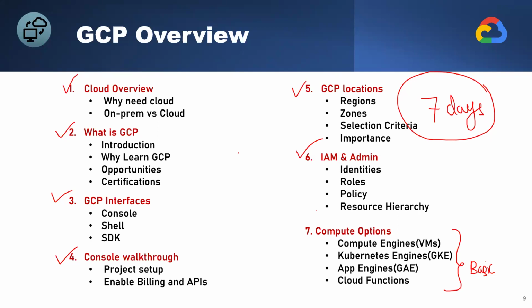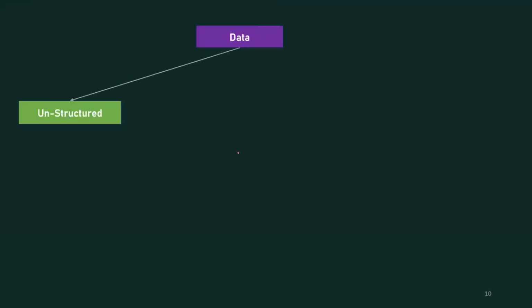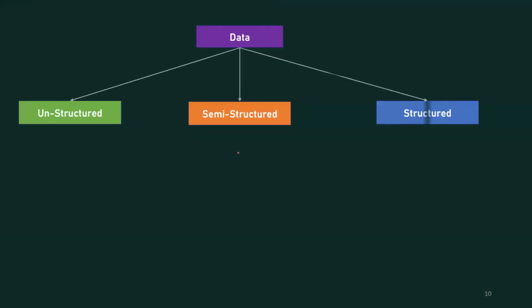Now, the next thing is that, sir, so far it is GCP cloud overview only. Can you tell me what are the data engineering tools that we are going to cover? So that is our next topic. As per the data categorization, data is categorized into unstructured data, semi-structured data, and structured data. To work with the unstructured data, we have GCS.